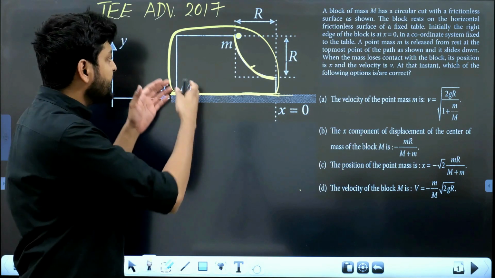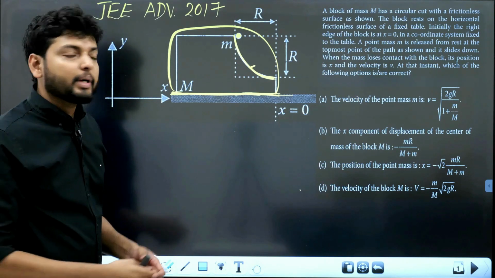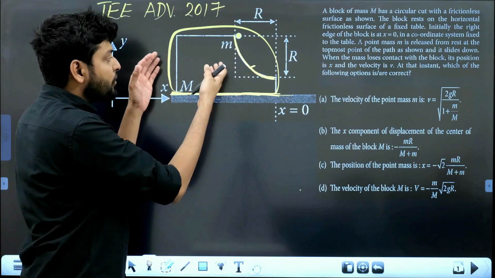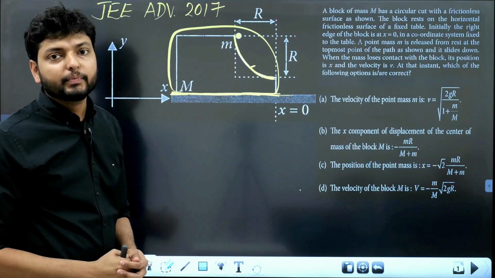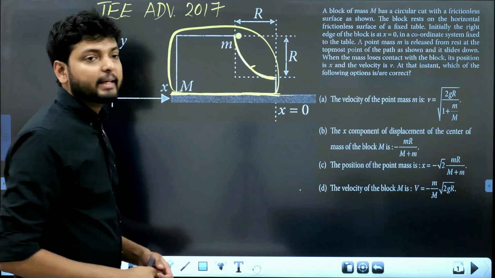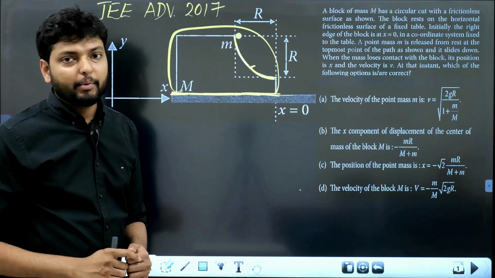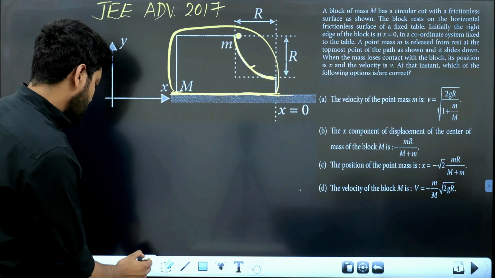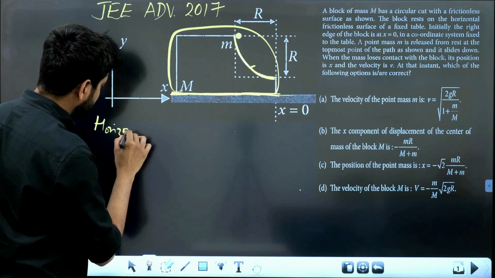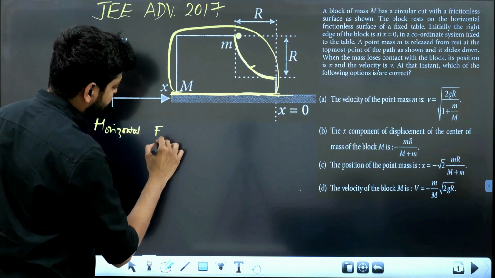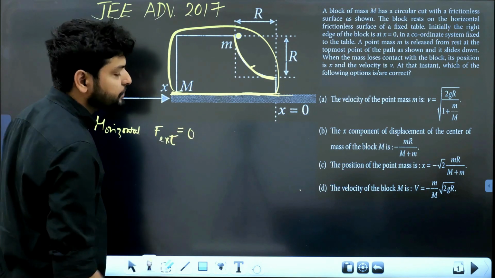In the vertical direction, momentum cannot be conserved because of the presence of gravity as an external force. But in the horizontal direction, I can conserve linear momentum, right? So for the horizontal direction, F external is equal to 0.